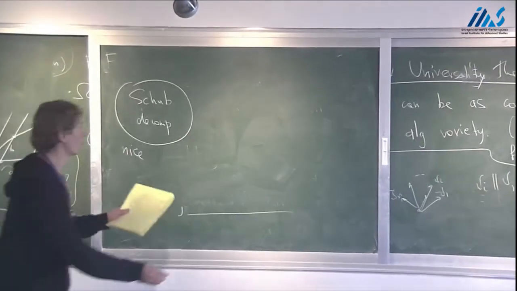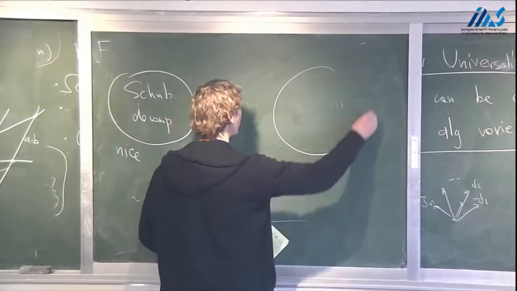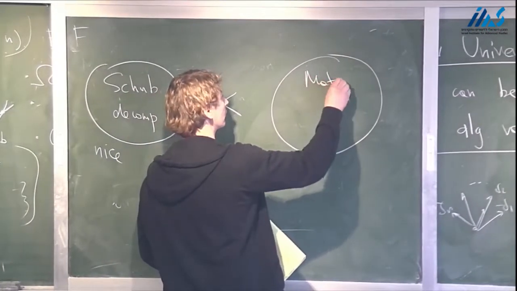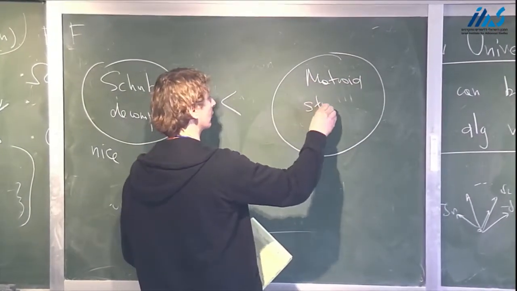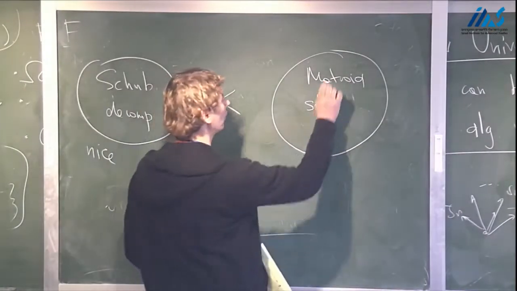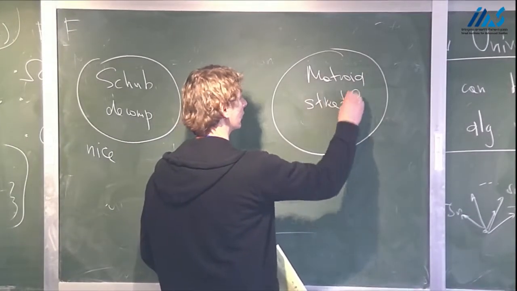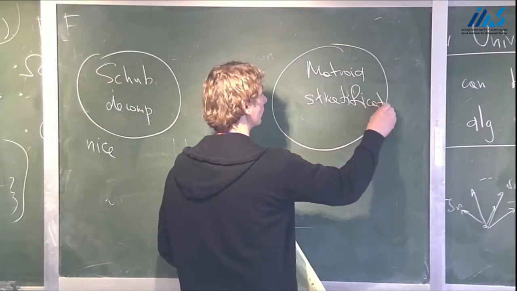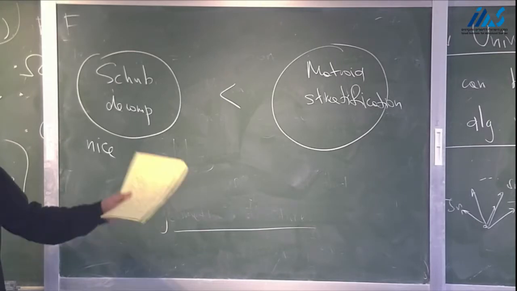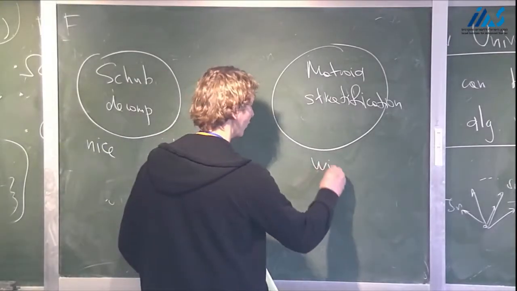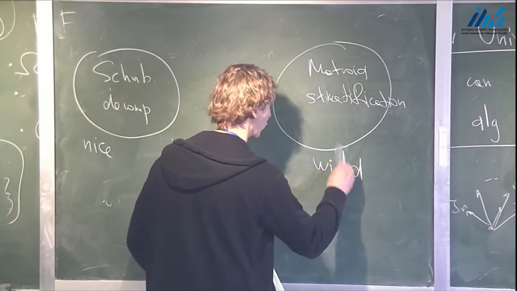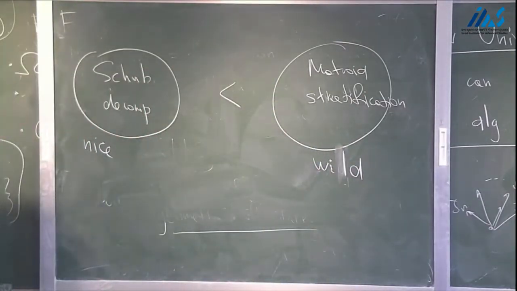And you have a much finer subdivision, the Matroid stratification, which, as we just mentioned, is wild. It can be very complex. Strata can be very complicated.